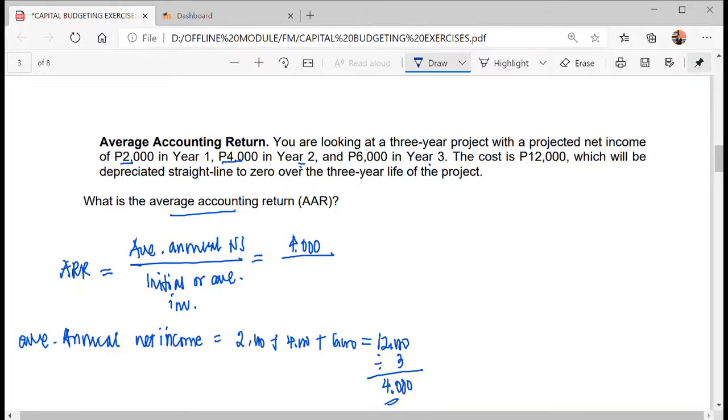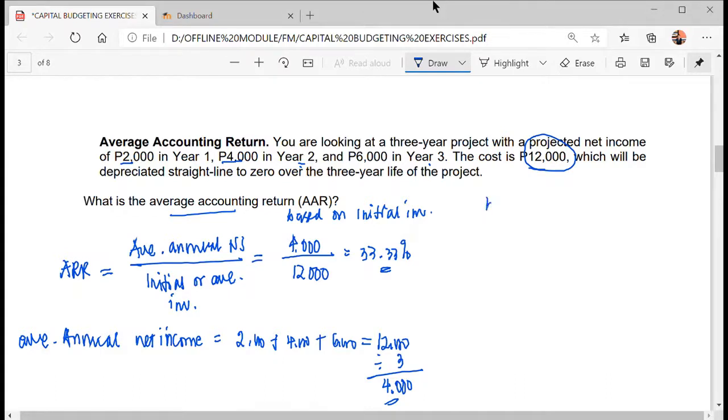So based on initial investment, 4,000 divided by our investment, the 12,000 cost. That would be 33.33%. So that's our accounting rate of return.